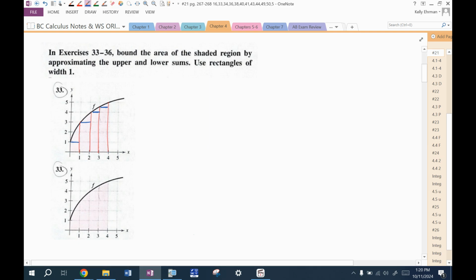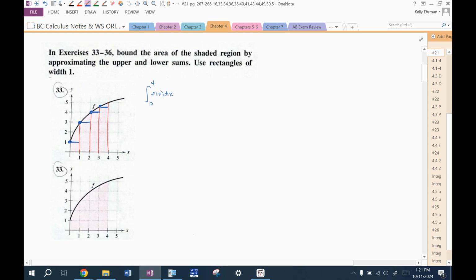I need to do a left sum because this function is increasing, and so using the left endpoint of the rectangle is going to keep everything underneath. Marking it off on the picture really helps. So we're going to estimate the integral from 0 to 4 of f of x dx.